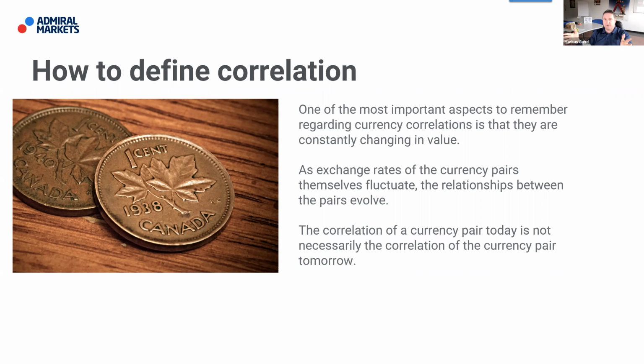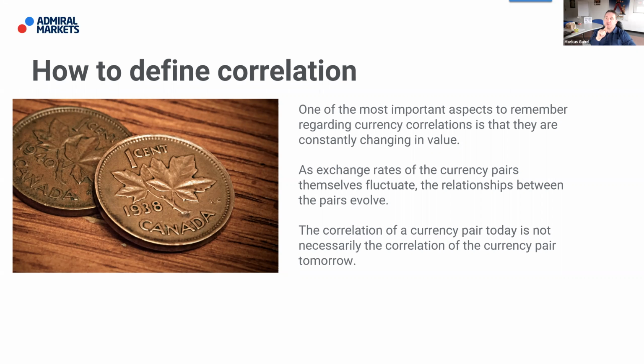The correlation of a currency pair today is not necessarily the correlation of the currency pair tomorrow. Again, the last sentence, think it through. Maybe you get it by yourself. The correlation of a currency pair today is not necessarily the correlation of the currency pair tomorrow.